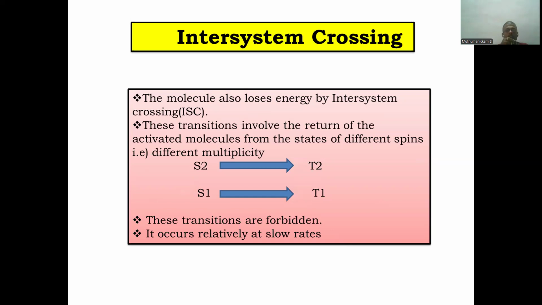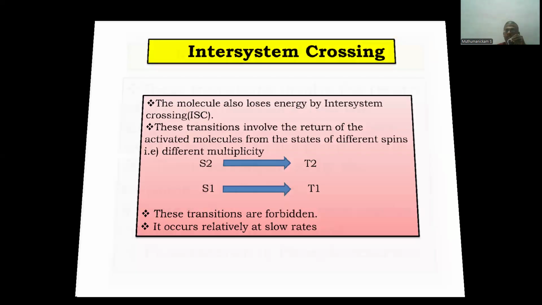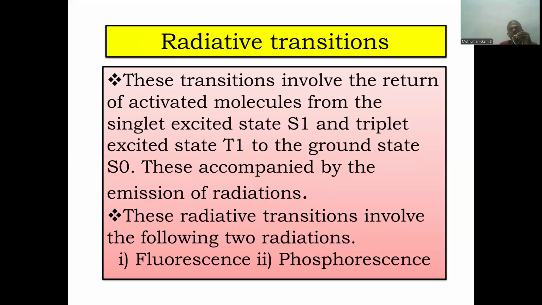The intensity of this transition is not up to the standard. Since these transitions are forbidden, they occur in a slow manner.